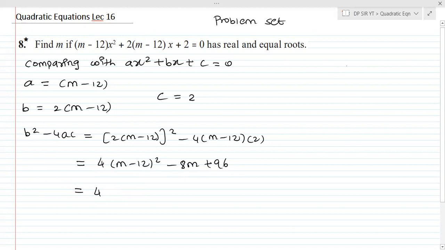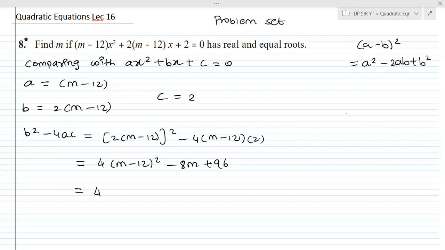If you don't know directly, see here m minus 12 the whole square is nothing but the formula for a minus b the whole square. It is in the same way, right? So a minus b the whole square is equal to a square minus 2ab plus b square. So now similarly you can expand m minus 12 the whole square.